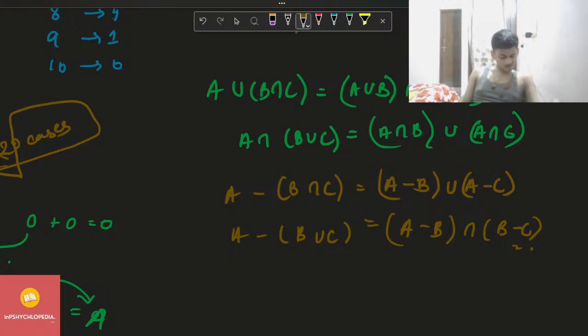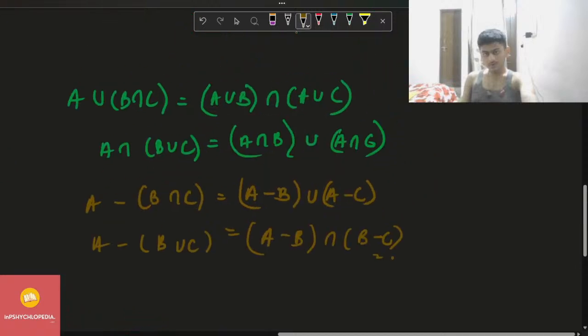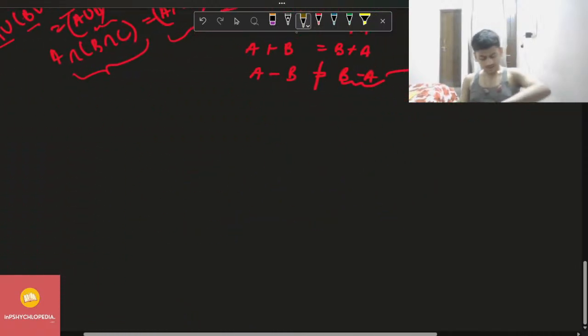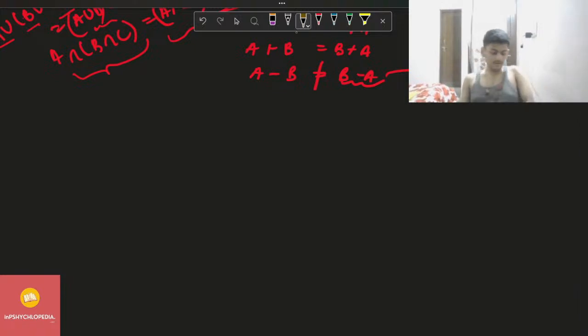Now, these were the distributive laws, and then comes De Morgan's law. So De Morgan's law is most important.